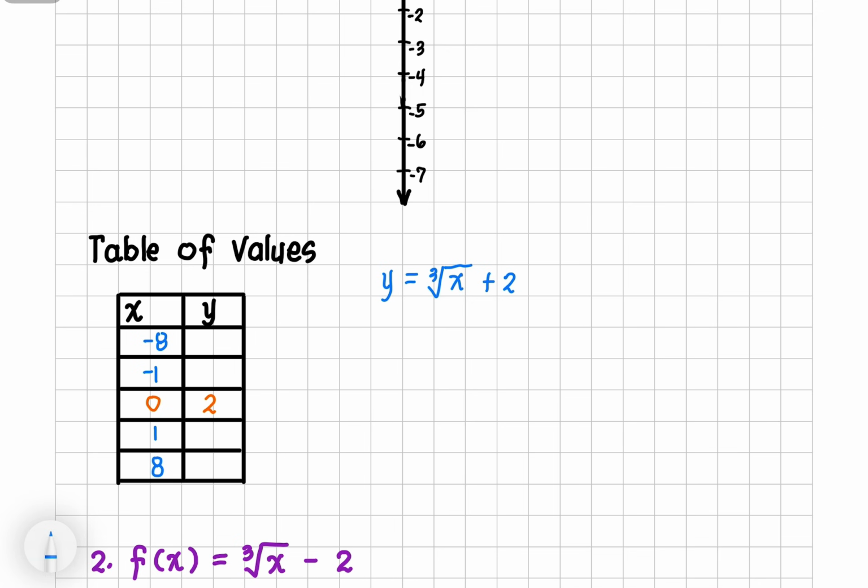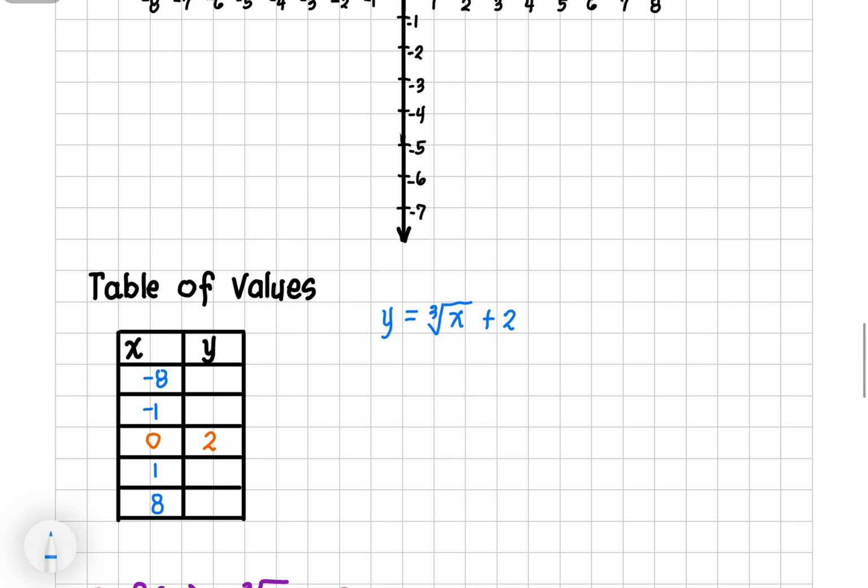Okay, so if x is equal to, let's say, negative 8. If x equals negative 8, therefore, the cube root of negative 8, plus 2. Like I said, we can take the negative roots of this number.